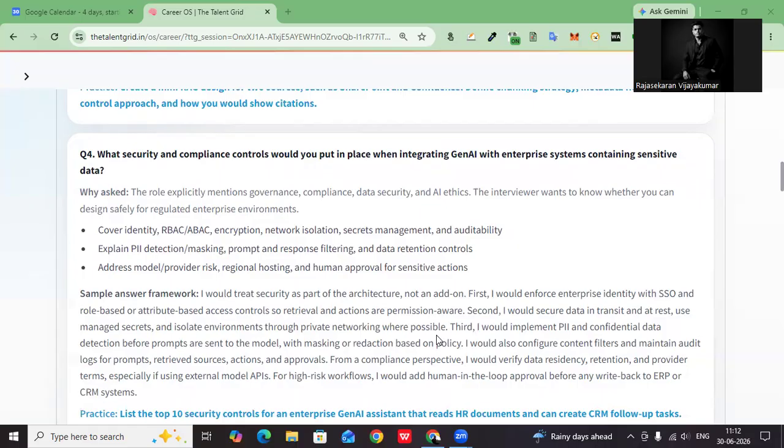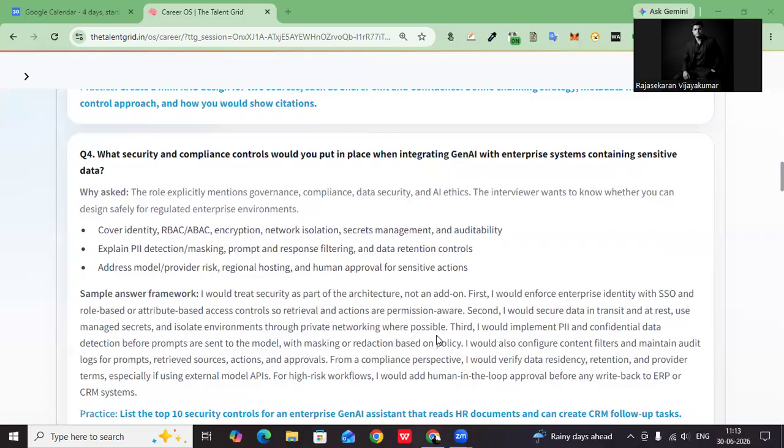I will make sure of identity access management with proper SSO and role-based or attribute-based access, MFA access, and data isolation, controlling how data is shown across different users.